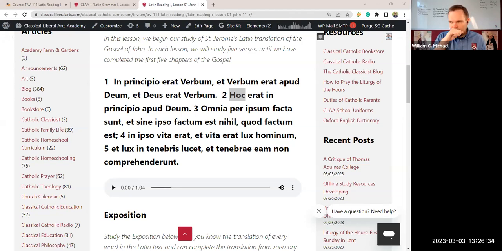We have verbum, that's one noun, and then we also have deus, a second noun. So we've got two nouns in the first sentence. And then the second sentence starts with the word hoc. And what does the word hoc mean? It means this. Very good.